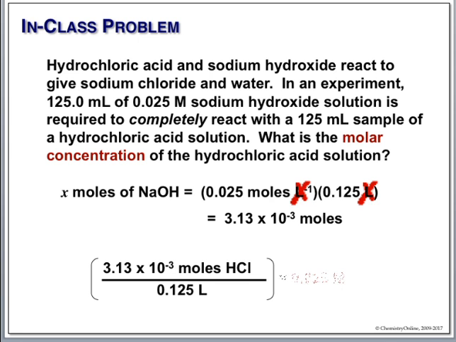Do our division. It's the same thing, 0.025 molar. Concentration times volume gives us moles. Just like PV equals nRT, except it doesn't rhyme.